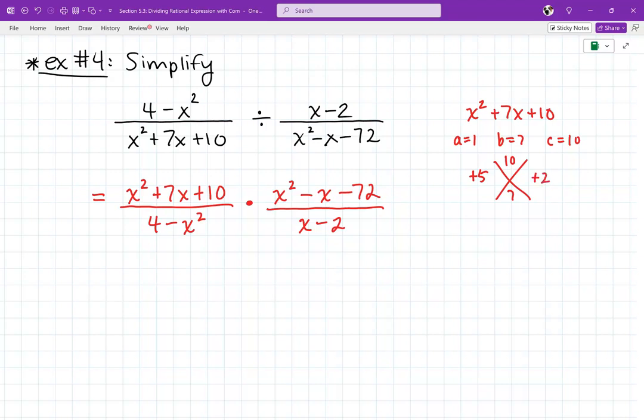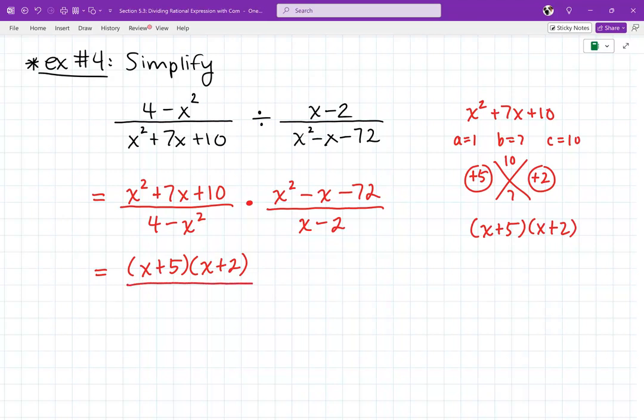And you're supposed to divide by a, but a is 1, I don't need to. So these are good answers. So x plus 5, x plus 2. I'm going to put that right here, x plus 5, x plus 2, divided by.